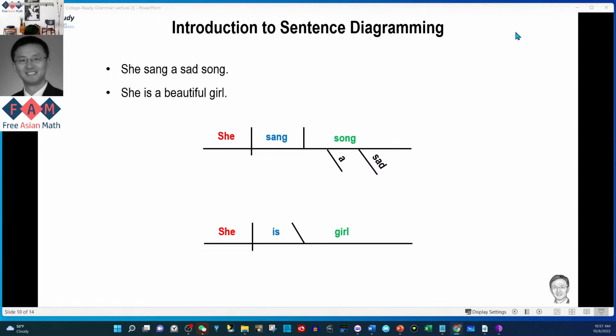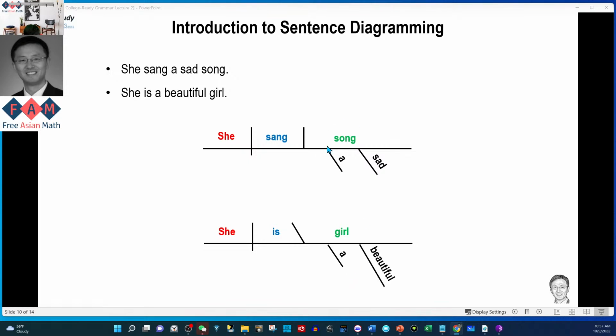And we diagram this particular case with a backward diagonal bar, slant, whatever you call it. It's right here, separating "is" and the subjective complement "girl," and we will see how that works later.